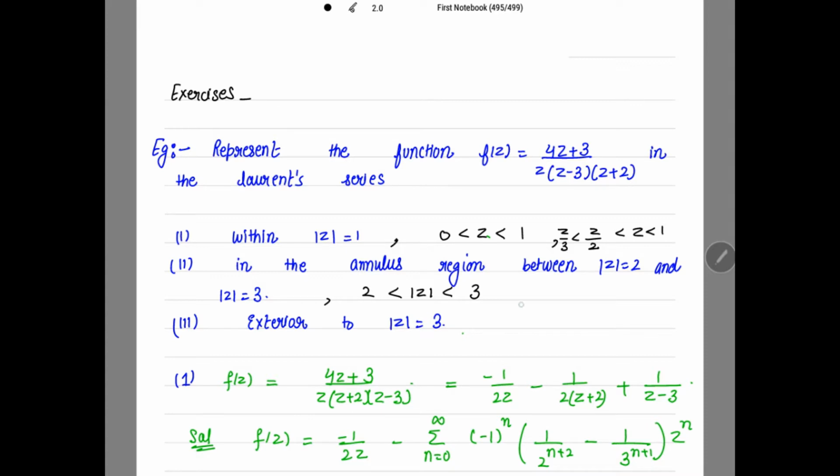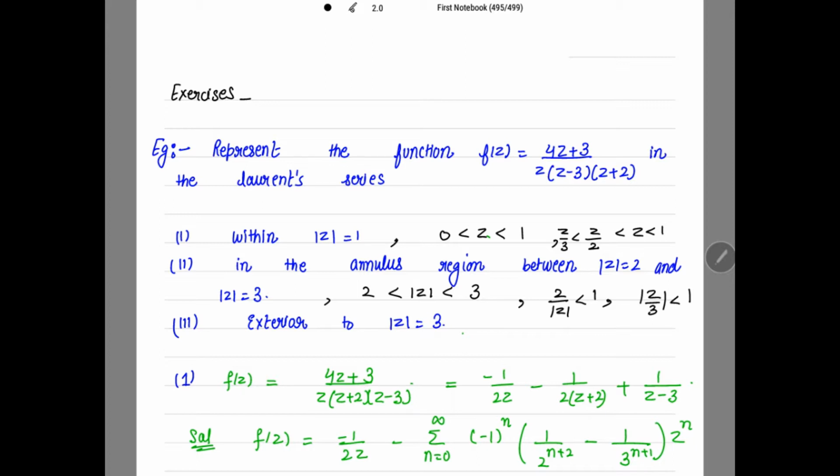What are the conditions you will get from here? 2 over mod z less than 1, and from mod z less than 3 I should get mod z by 3 less than 1. Now, first term is as it is. For the second term, what should I take common? I need 2 by z, so take z common. From the third term, I need z by 3, so take 3 common.